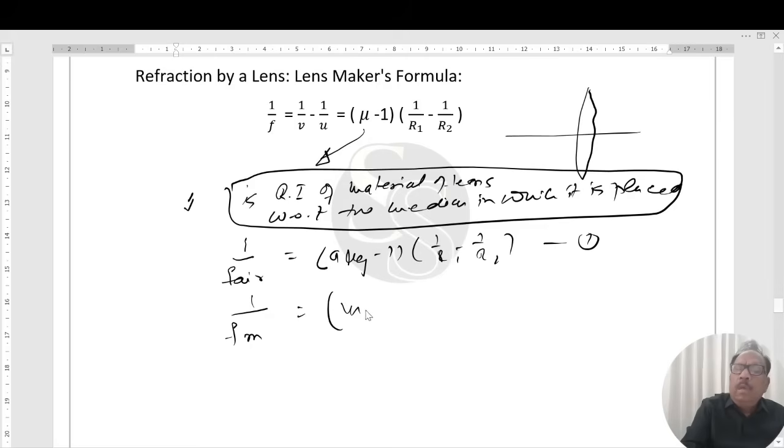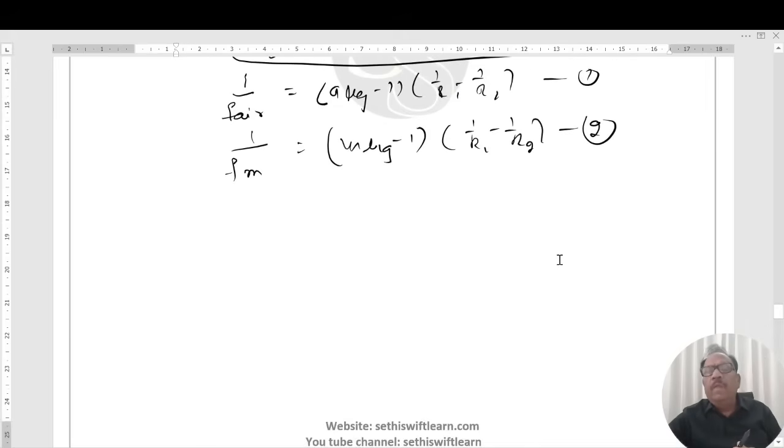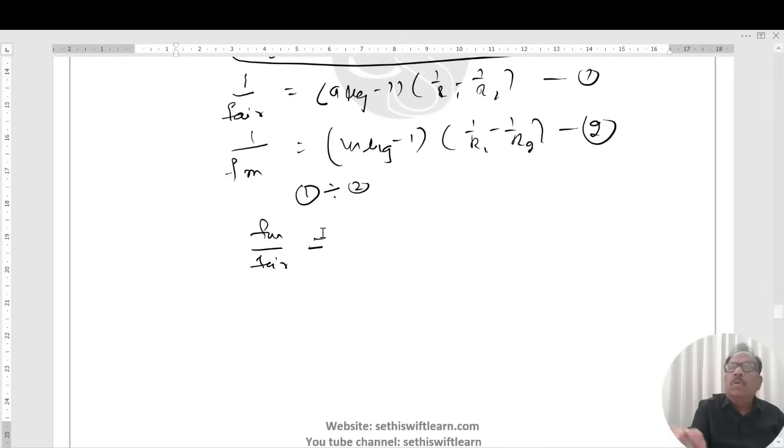This will be 1 over f m equal to m mu g minus 1 into 1 over r1 minus 1 over r2. This is equation 2, right? Now, 1 divided by 2. So this will become f m over f air equal to, this will be cancelled out, then a mu g minus 1 over m mu g minus 1.